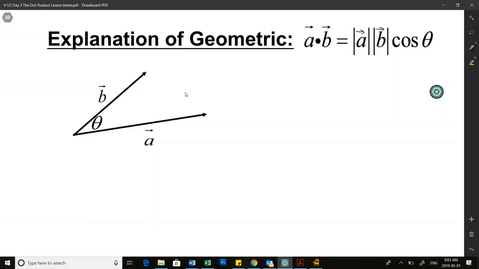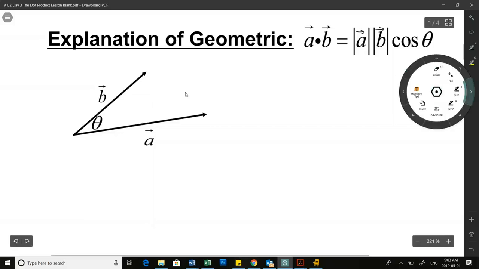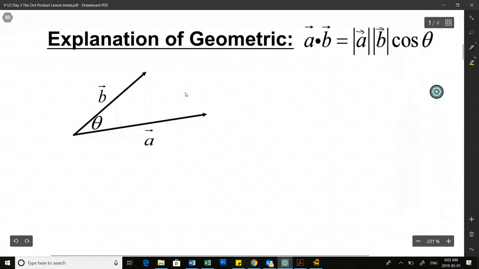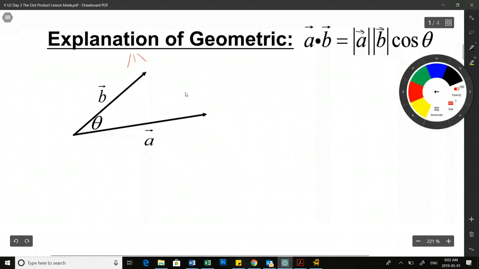I like to imagine that we are shining a flashlight from up top, and there's a shadow that gets projected from this vector onto our vector A here, and it's only going to go as far as my vector goes. So if I'm doing that shadow, I get a perpendicular component where that light ends.